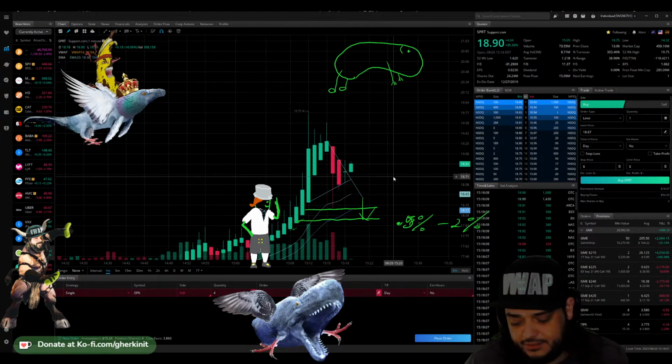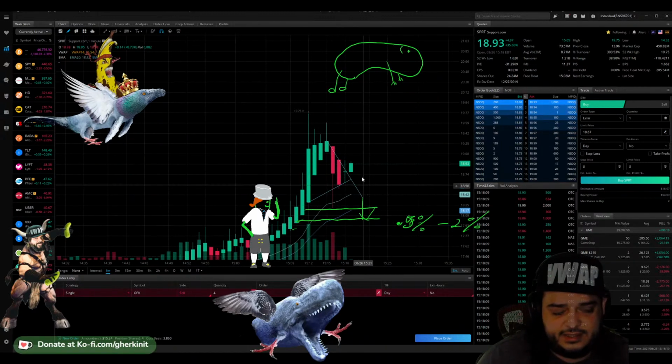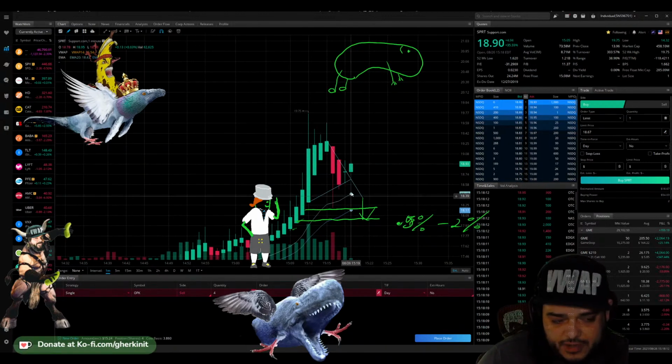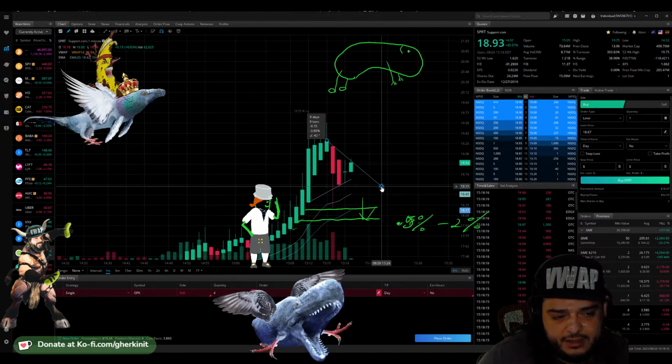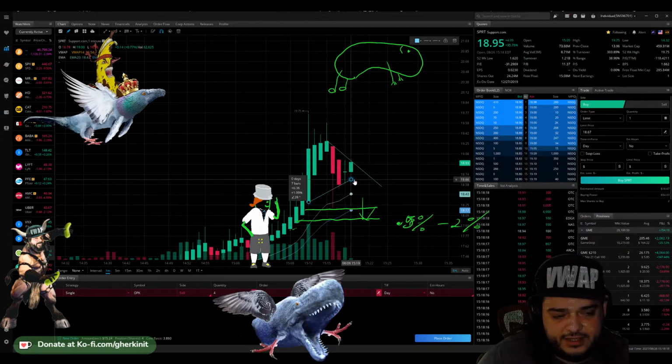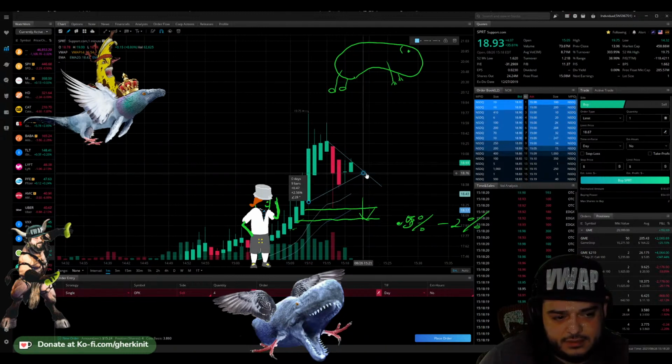And so then you can leave this order in place in case this is like a trap, right? And you can readjust your pennant from there and see if it continues to break upwards.